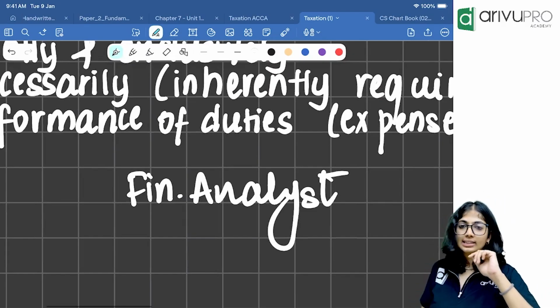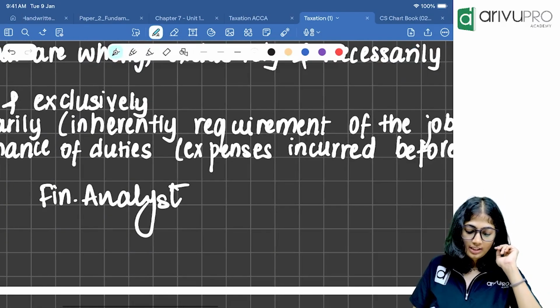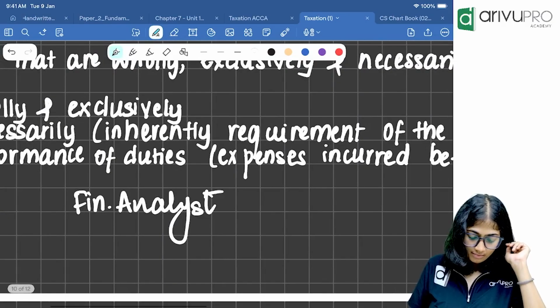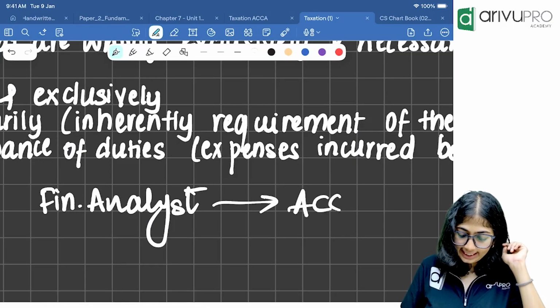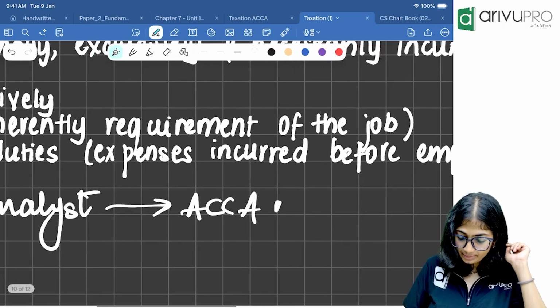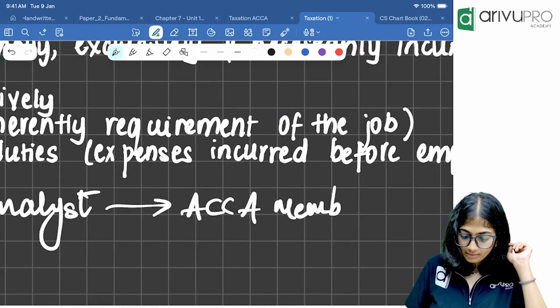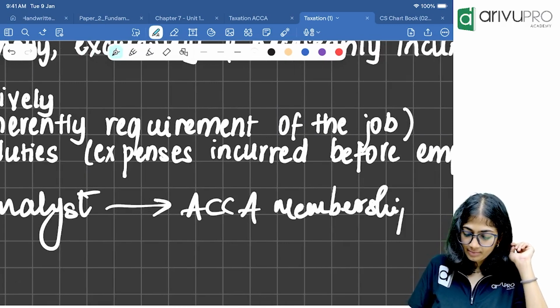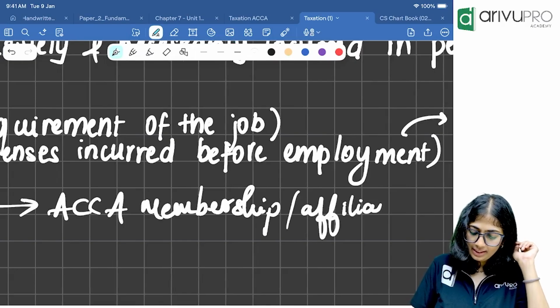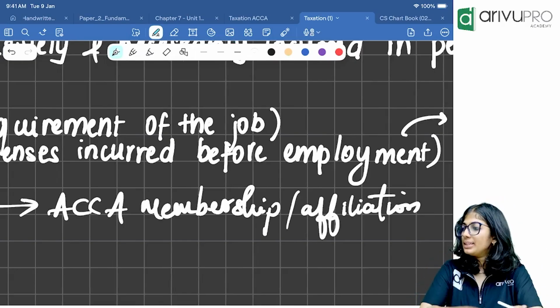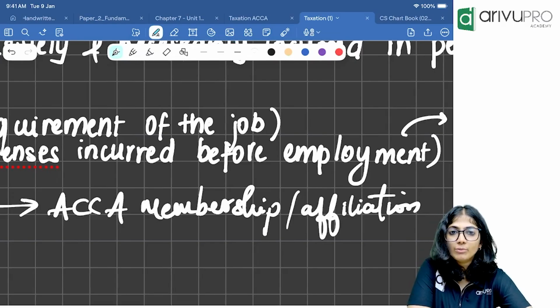Let's say you got hired as a financial analyst and it is because of your ACCA membership or affiliation. What does that mean? Affiliation basically means that you finished all of the exams, you don't have work experience.